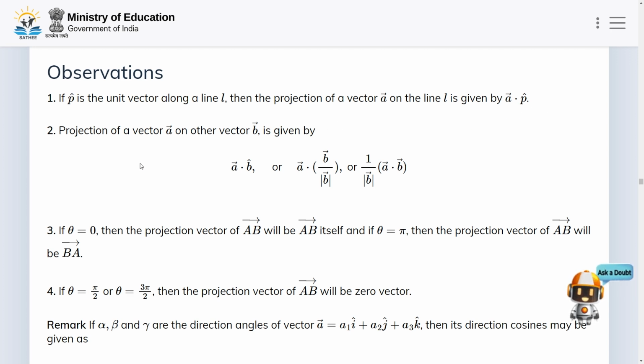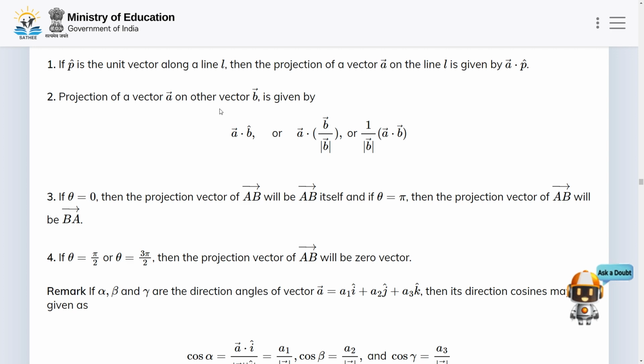Clear? Okay, now the projection of a vector A on the other vector B is given by the dot product of vector A with the unit vector of B. This unit vector of B can be rewritten as B divided by magnitude of B, so that is the other form for this.